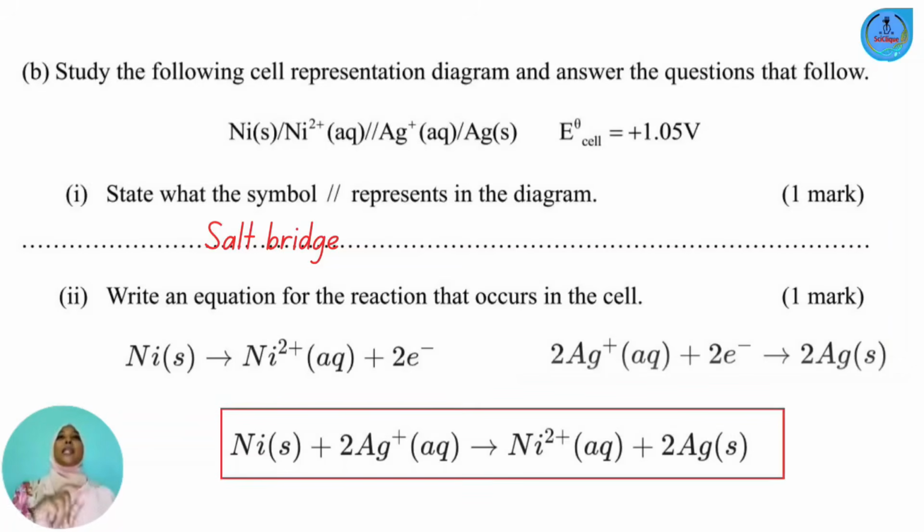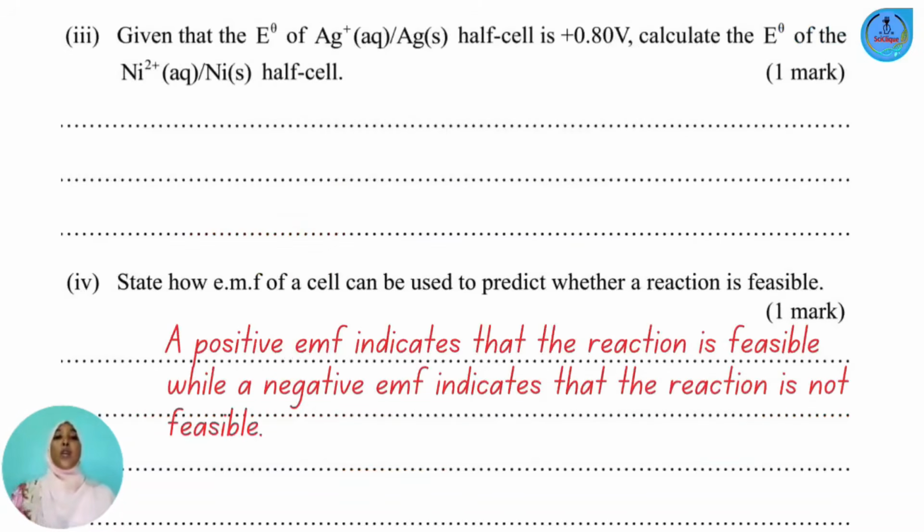If the EMF of a cell is positive, that means the reaction can occur by itself. If it's negative, then the reaction is not feasible and it cannot take place. So there we have it.